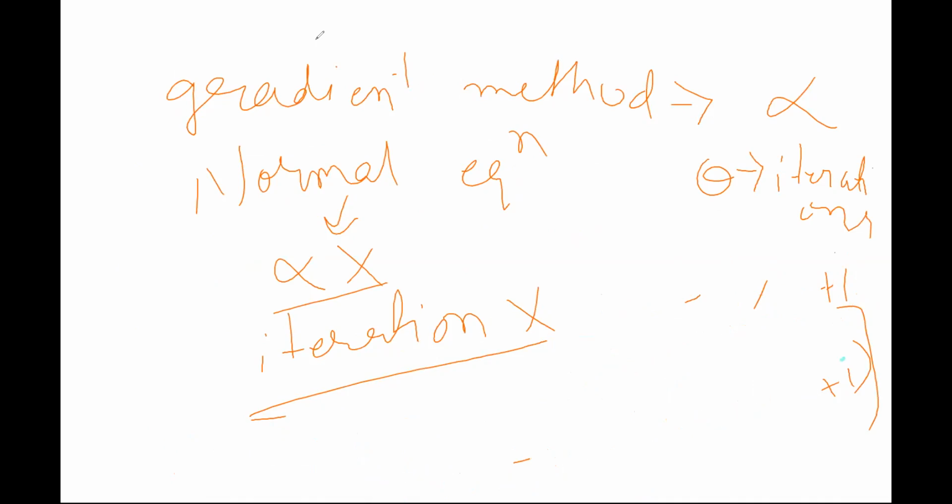So the disadvantage of the normal equation is large features. We use it for small n. For gradient descent, whether n is small or large, we can use it anytime.